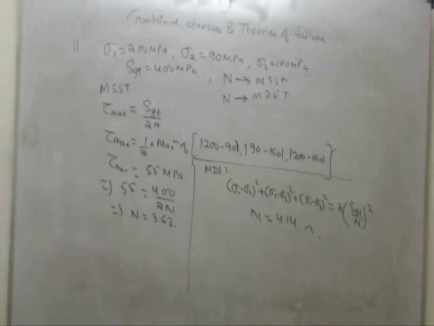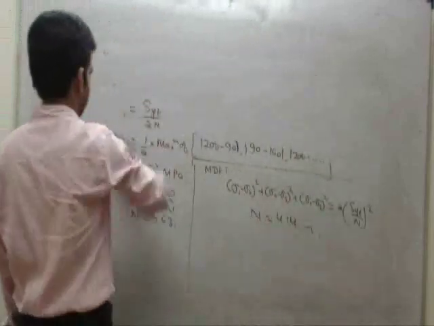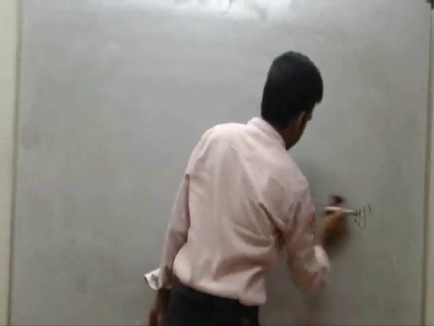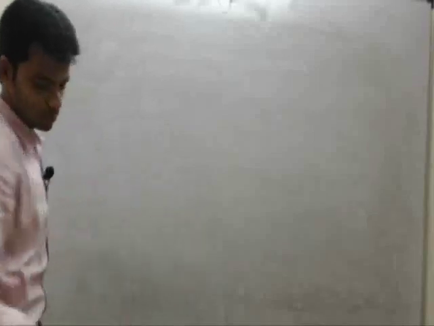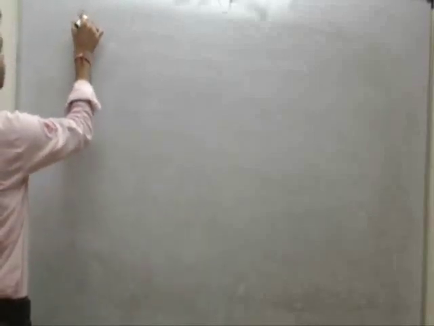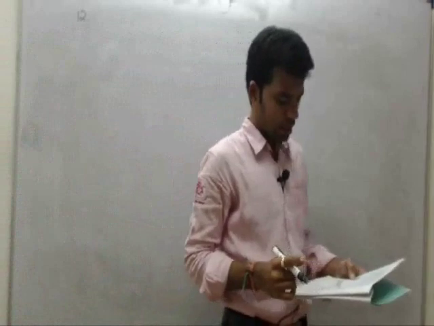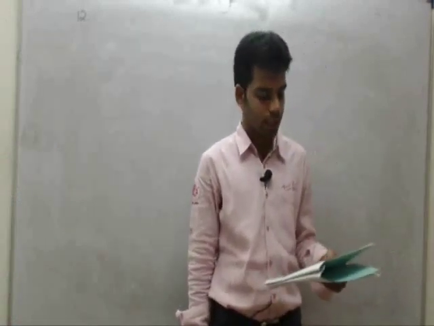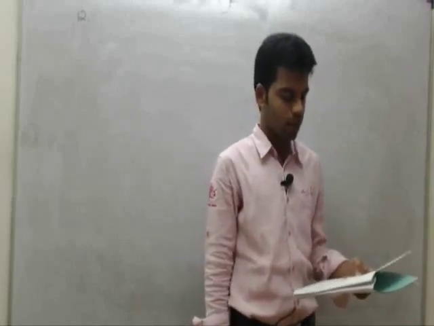Okay. Now, next is question number 12. Question number 12. A good question. A component in an aircraft flap actuator can be adequately modeled as a cylindrical bar subjected to an axial force of 8 kilonewton, a bending moment of 55 Newton meter and a torsional moment of 30 Newton meter.